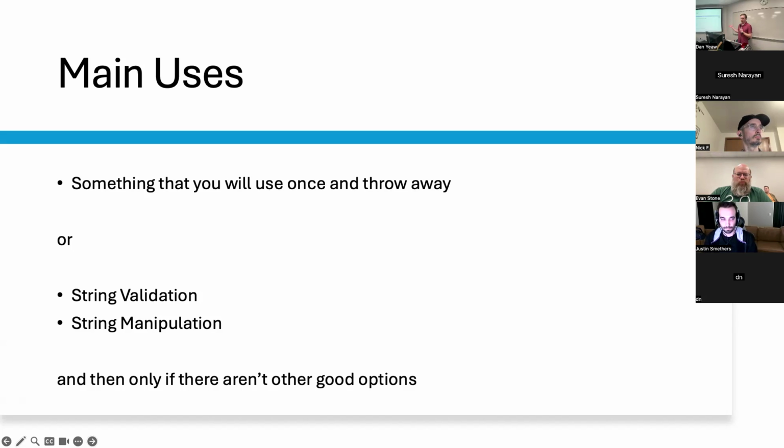Once again, you want to think of whether there is some other way, because if you're making a website, there are often whole libraries for parsing form data and checking if something's an email address. But a regular expression could be a good way to do that. Or manipulating and changing a string, like taking the first part of this string and the last part and combining them together. It's really nice for things like that with these groups.